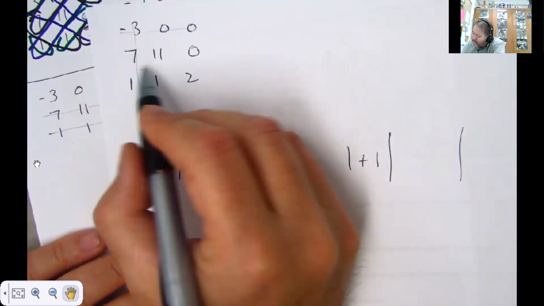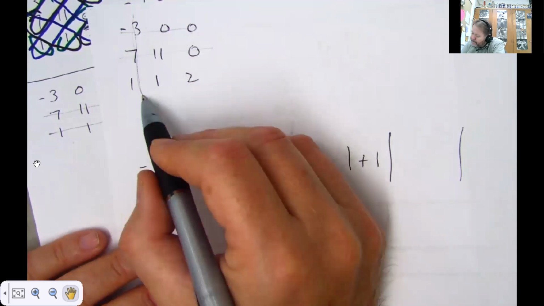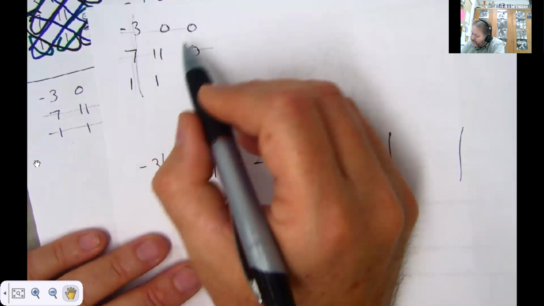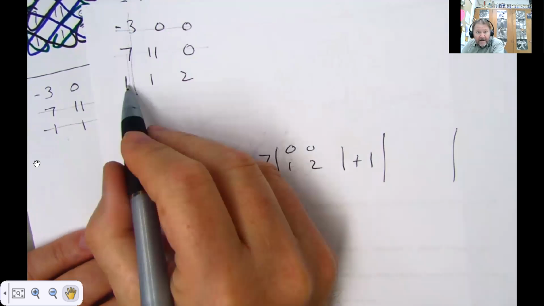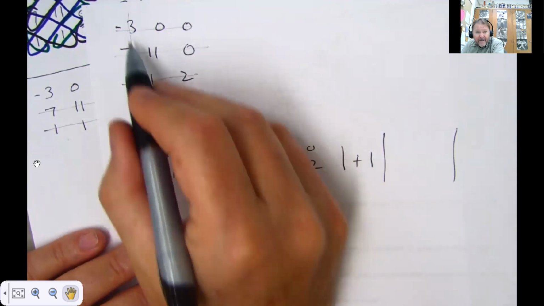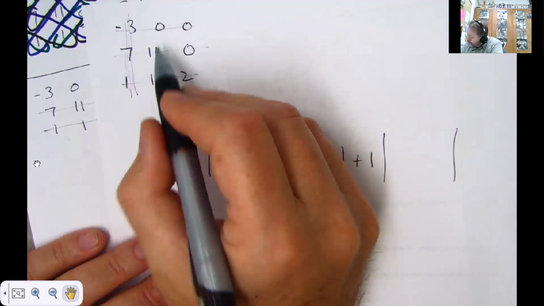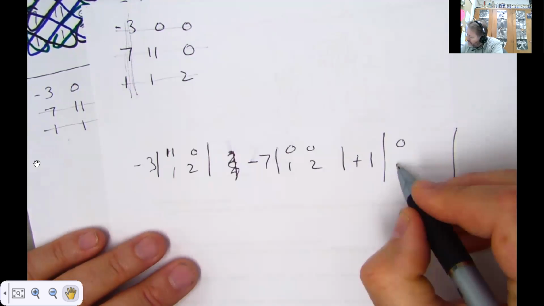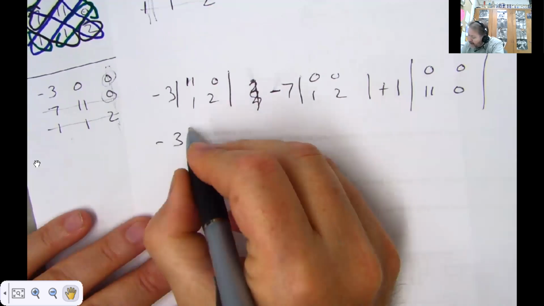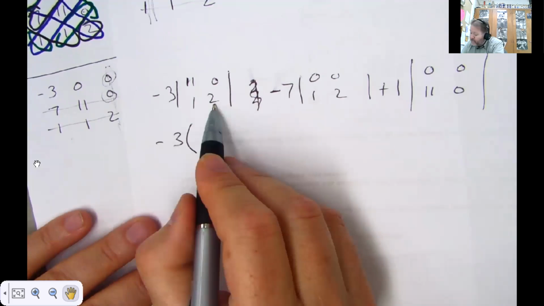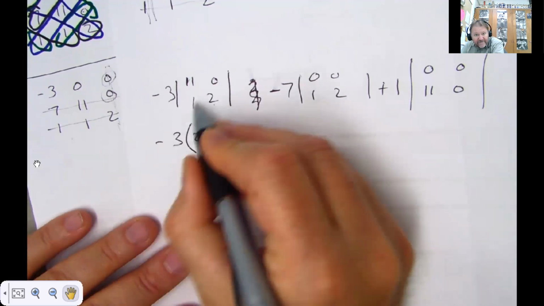So let's cover up that row and that column. And I got 0, 1, 0, 2. And then this one, I'm going to cover it up here, cover it up here. That's going to be 0, 11, 0, 0. Here we go. It's going to be -3 times 11 times 2 is 22, minus 0.